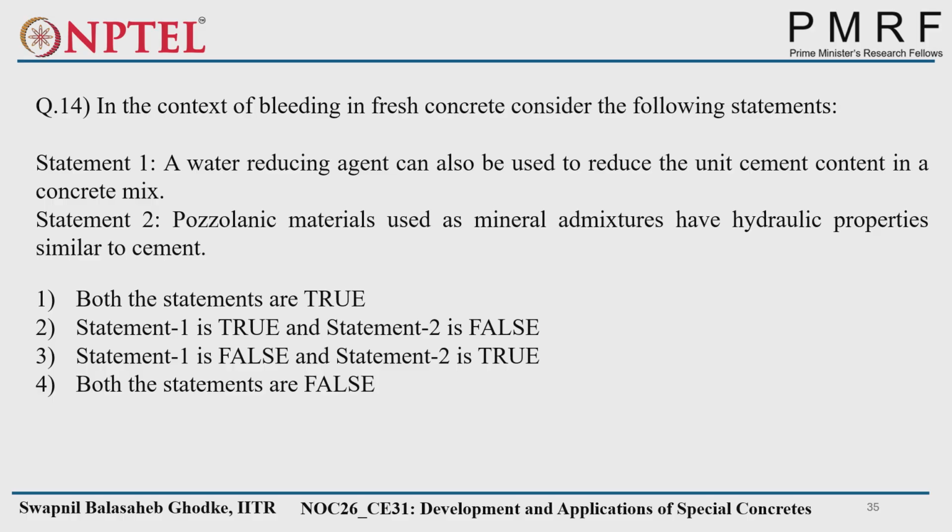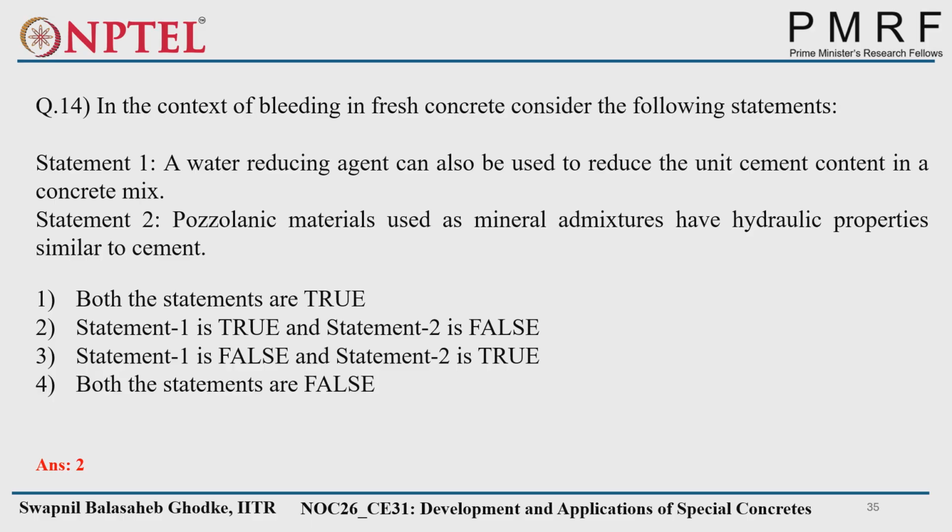So 14.1: in the context of bleeding in fresh concrete, a water reducing agent can also be used to reduce the unit cement content in the concrete mix. And pozzolanic materials used as mineral admixtures have hydraulic properties similar to the cement. One is true, two is false.